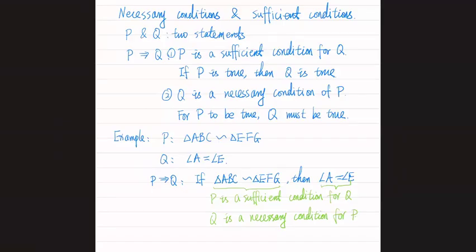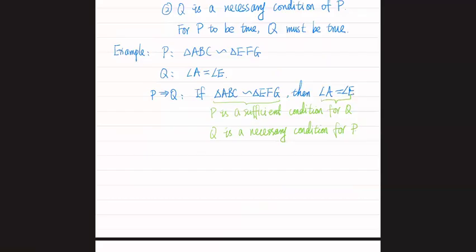Okay, so you see the connection between them. If P implies Q, for example, if two triangles are similar, then at least one pair of the corresponding angles have the same measure. So this is a sufficient condition for this, and this is a necessary condition for two triangles to be similar.